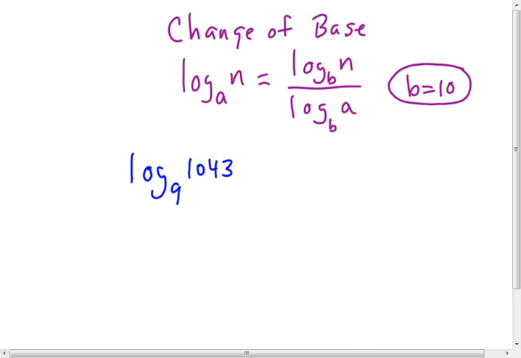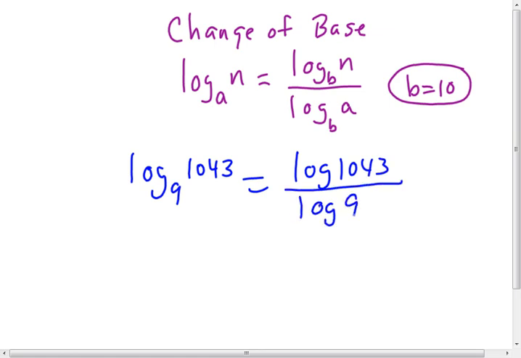So we would rewrite this using the change of base, so that would be equal to the log of 1043 over the log of 9. And notice on the logs I did not write the base.